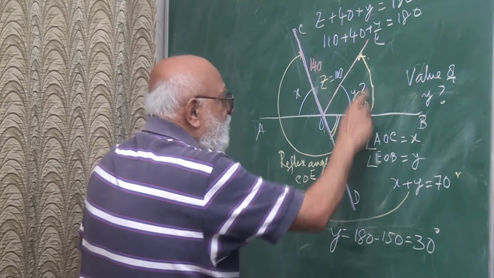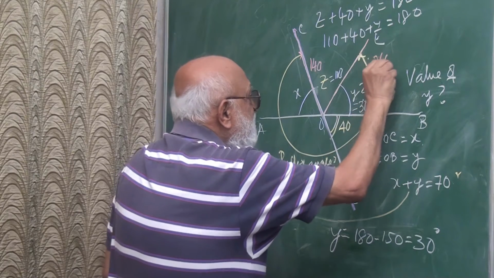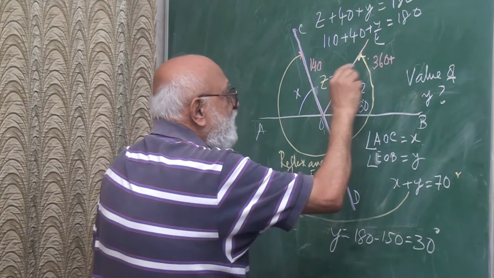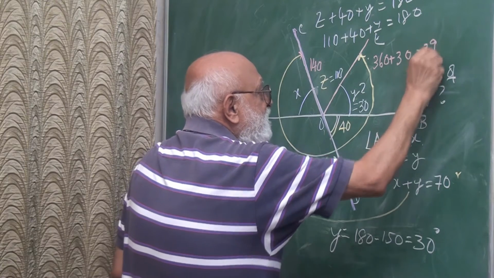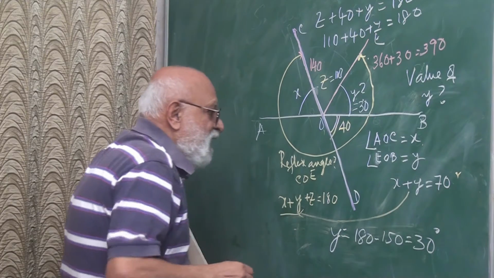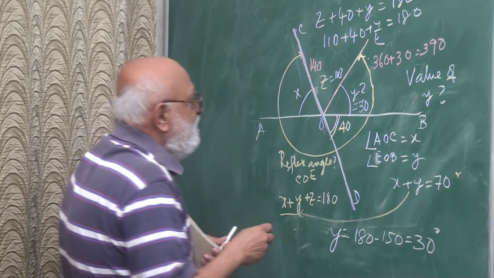And I am ending at what? This is 360, so this would be 360 plus 30. This 30 you have to take into account. That will be equal to 390. So I am starting at 140 and I am ending at 390.